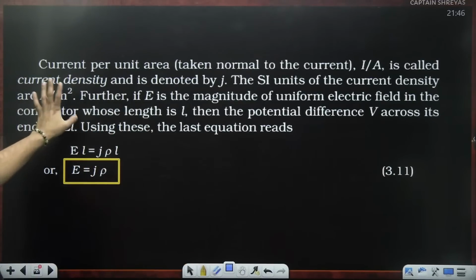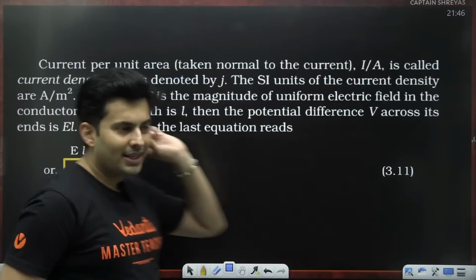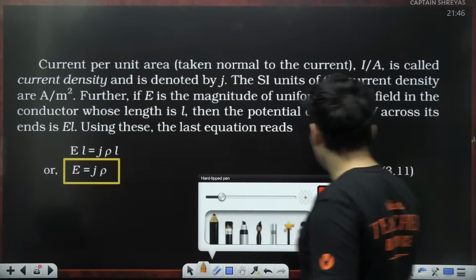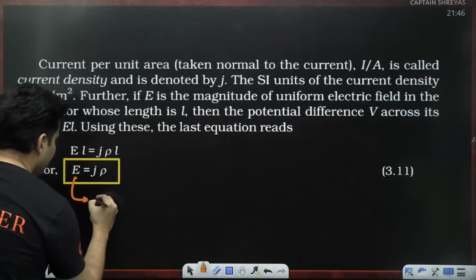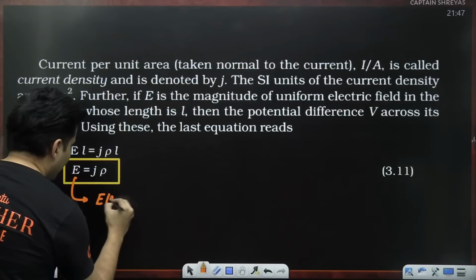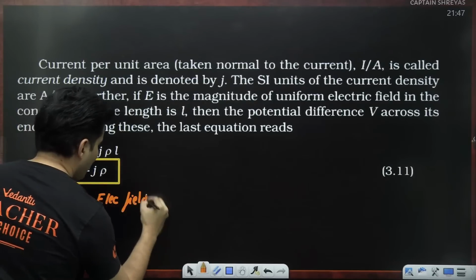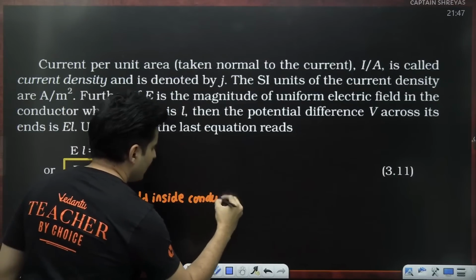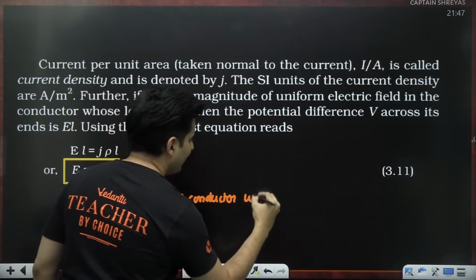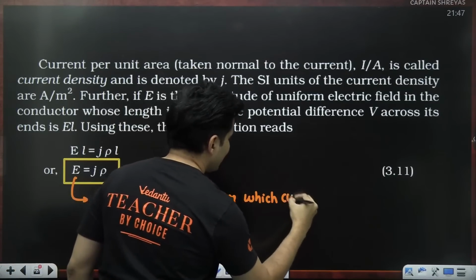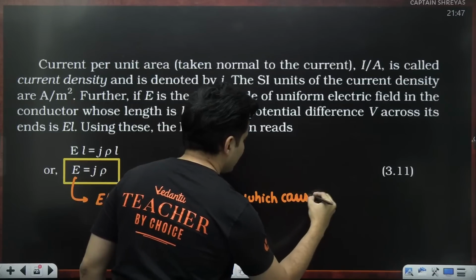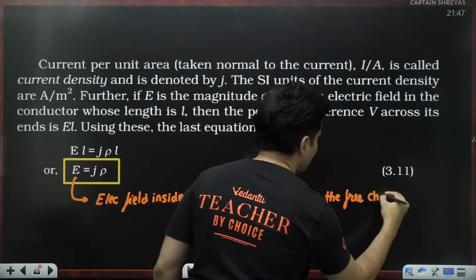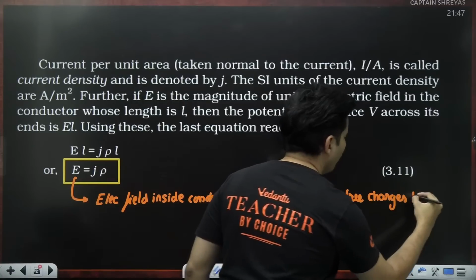So you might be wondering, sir, what is this electric field that we are talking about? This electric field is the electric field inside the conductor, which causes the free charges to move.